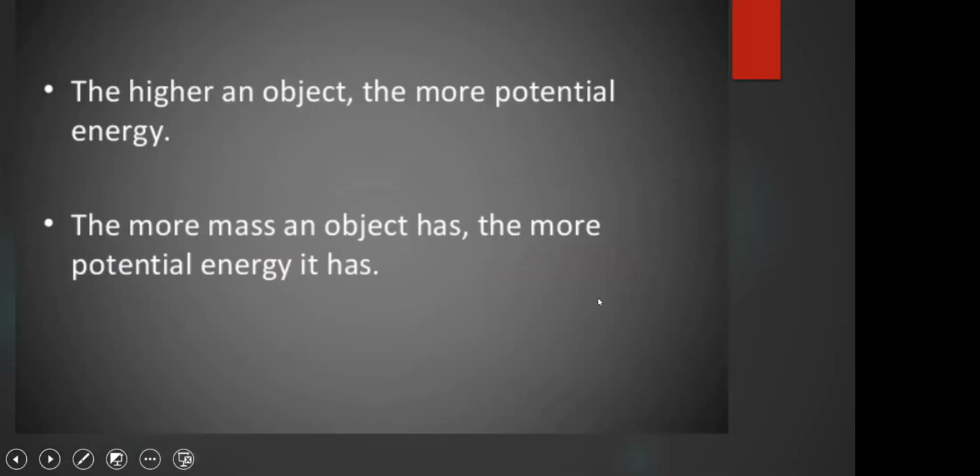Now, the higher an object is, the more potential energy it has. So the first factor that potential energy depends on is the height, or the distance. And the second factor is the mass, where the more mass an object has, the more potential energy it has.